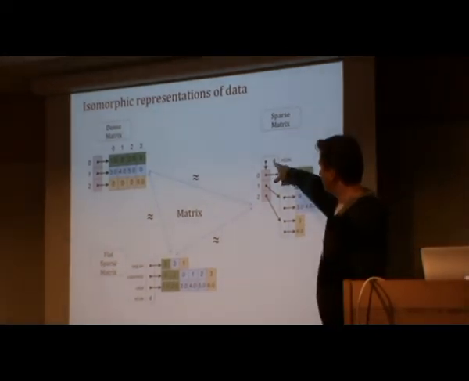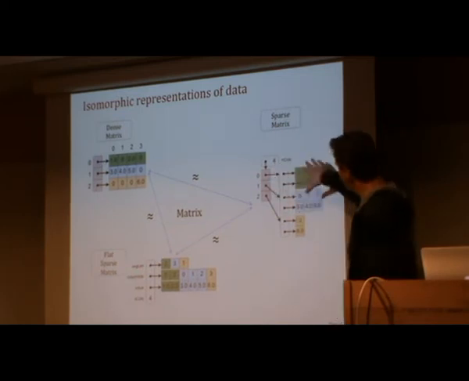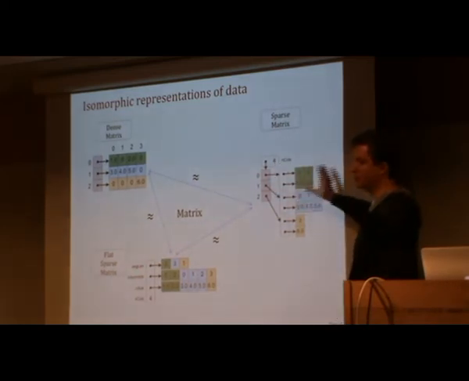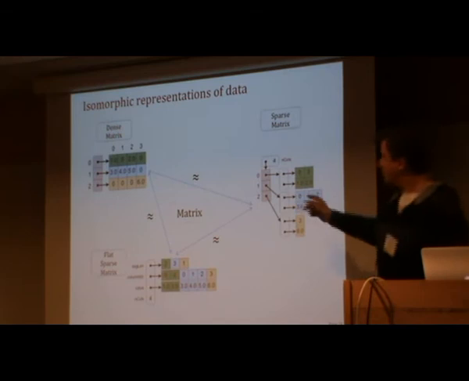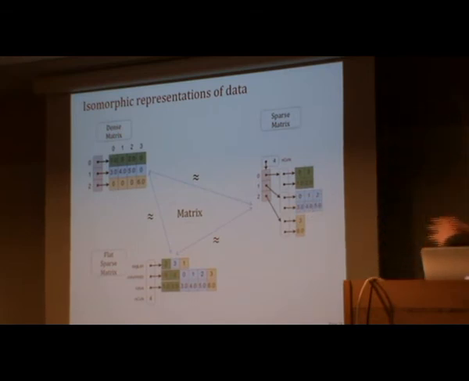For example, this 4 is necessary because, based on this representation, we don't know how many columns are in the matrix. We need to know this. In this case, we can produce automatic transformations between these alternative representations. And in this sense, all these representations are isomorphic.